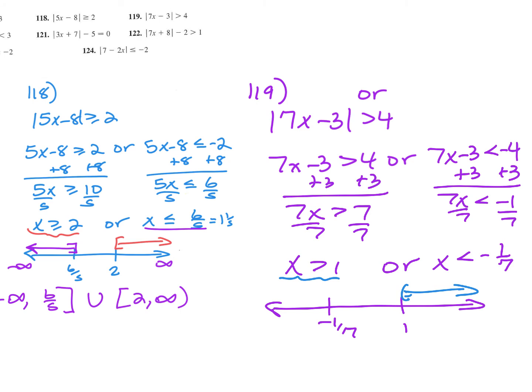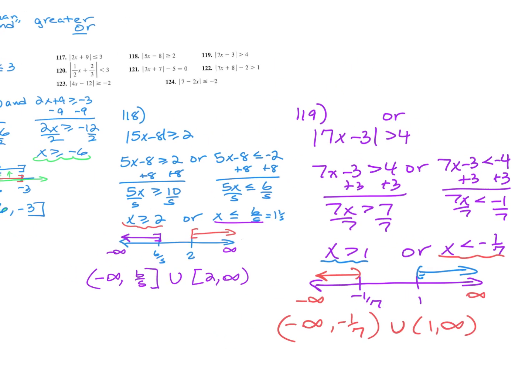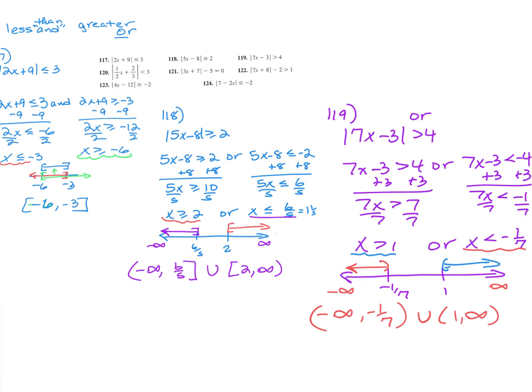And then this one over here, parenthesis pointing this way. So again, in interval notation, remember negative infinity, infinity here. So negative infinity up to negative 1/7, all parentheses, and then 1 to infinity. Then number 120.